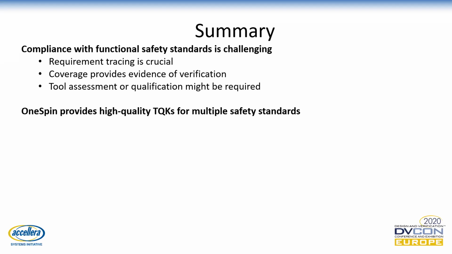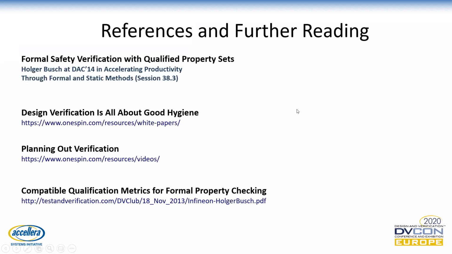Basically, coverage is taken into account as one of the pieces of evidence that you're doing good verification. And OneSpin provides high quality tool qualification kits for multiple safety standards. If you're in this area, just get in touch with us so we can work on this together.